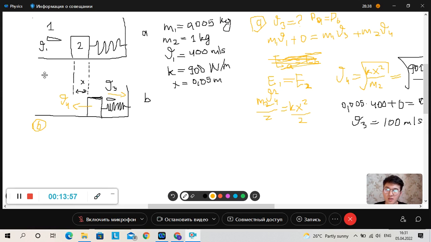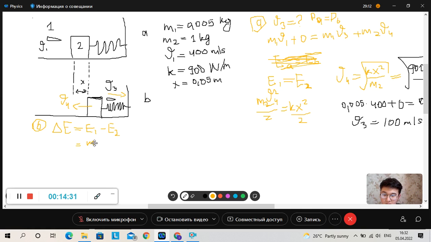In situation A, we have one kinetic energy, m v squared divided by 2, and in the second situation we have two kinetic energies. The energy loss is equal to E1 minus E2.